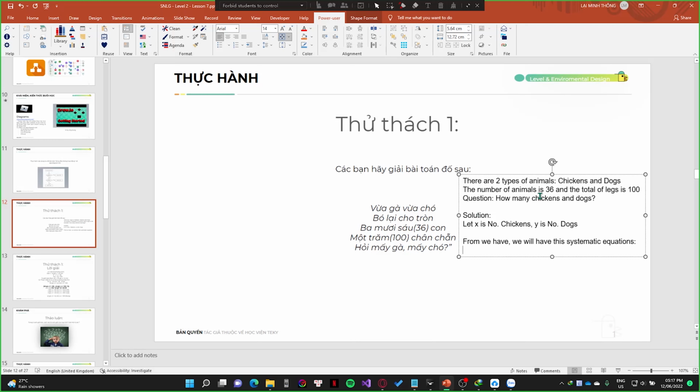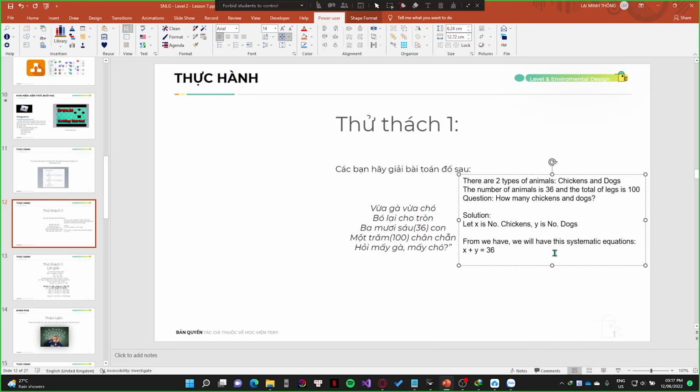The total number of animals is 36, x is the number of chickens and y is the number of dogs. So we have this statement: x plus y equals 36. Do you understand x plus y equals 36? Yes. And then what we have left is that the total legs is 100, right?